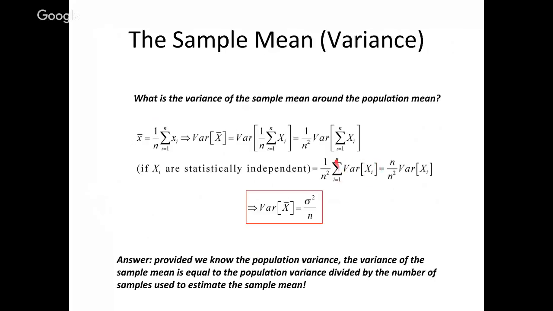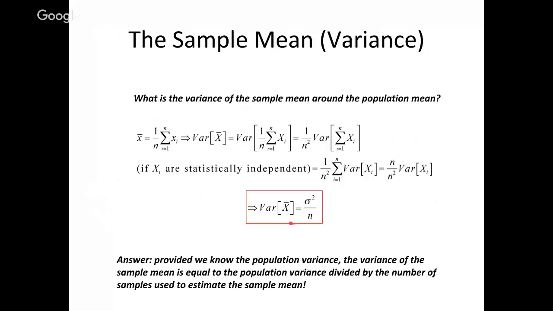We're summing it n times, which is the same as multiplying n times the variance of xi. And so the variance of our sample mean, the variance of x bar, is equal to the variance of the population divided by the number of samples that we collected.